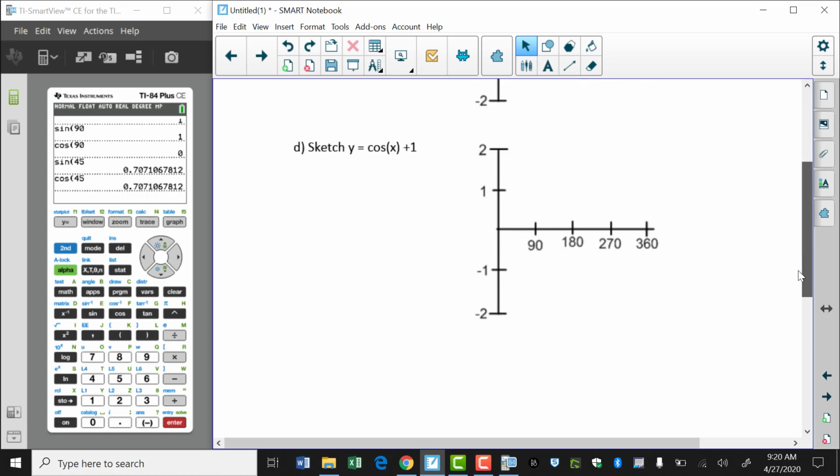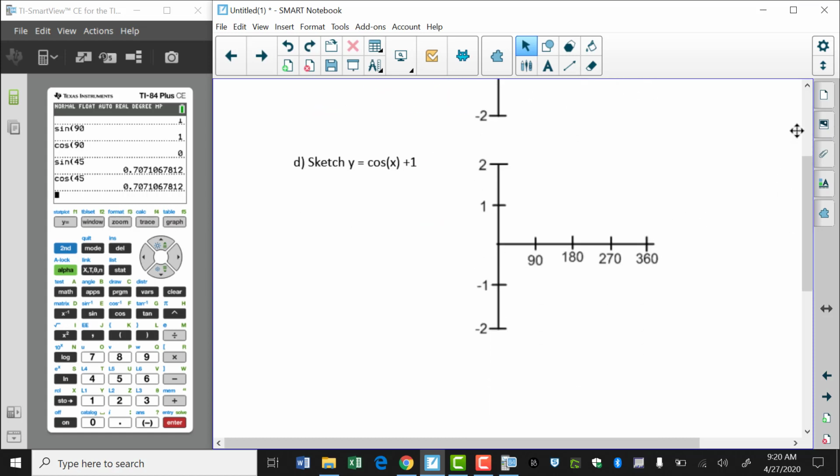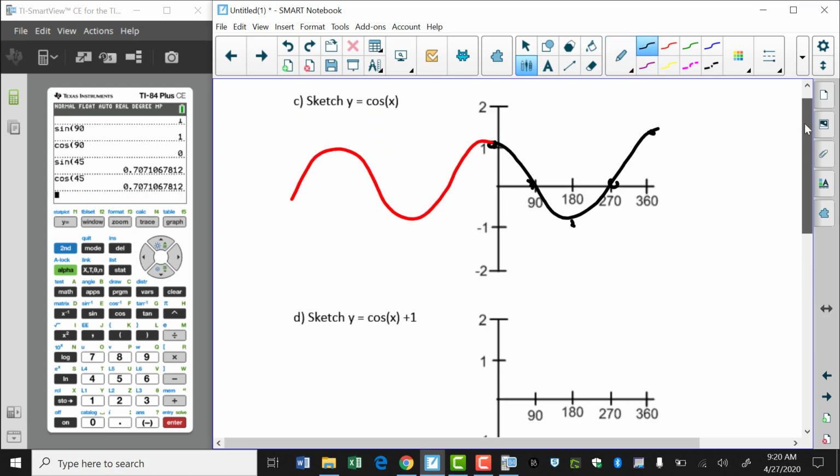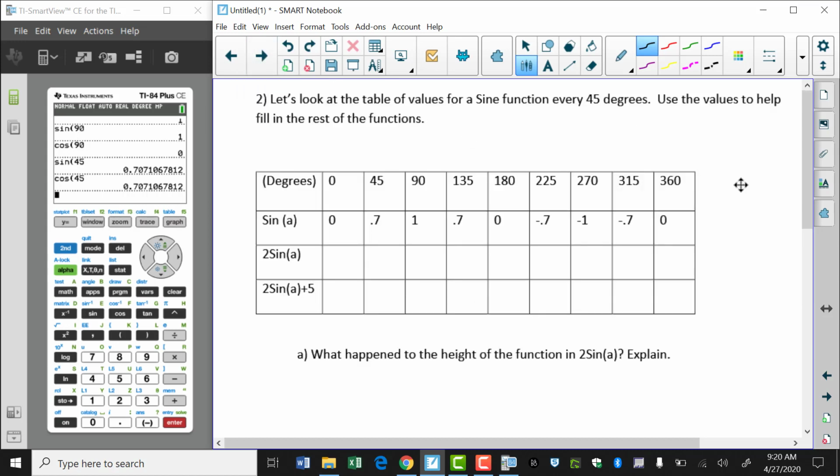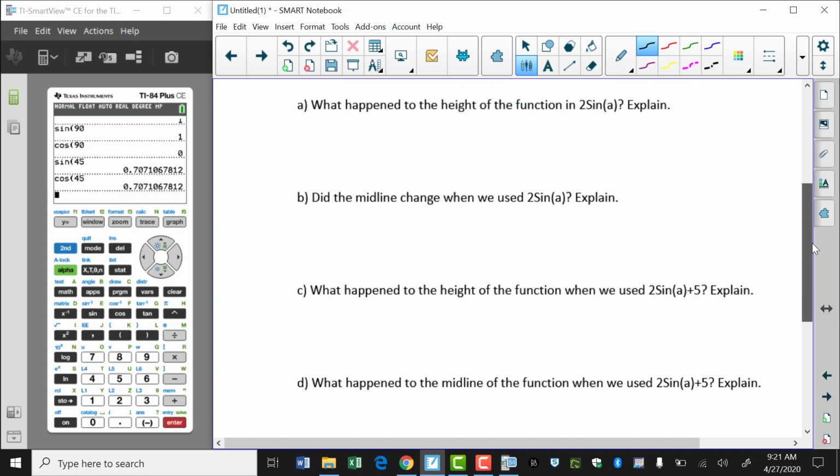And the same tools apply to cosine as they do to the sine functions. So if you look at the cosine function up here and you say you want to add 1 to it, you just move it up 1 unit and it looks like that. You can do the same exact thing with a sine function.